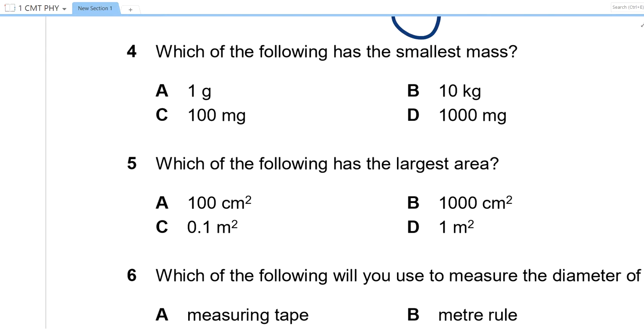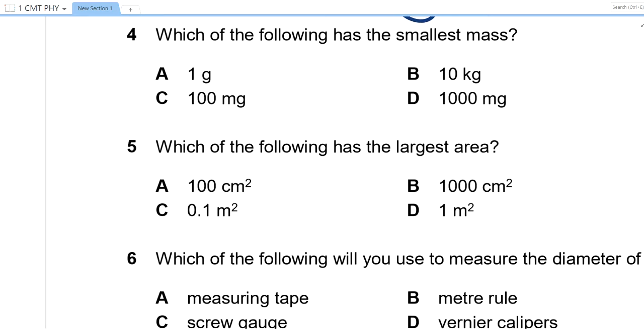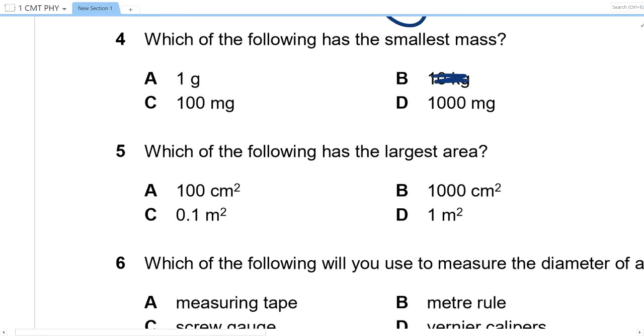Okay, which of the following has the smallest mass? By the way, just to check, are your answers in your notes the same as mine? No. Okay, what do you have for B? For B, we got 10,000 milligrams. Okay, is everything else correct?